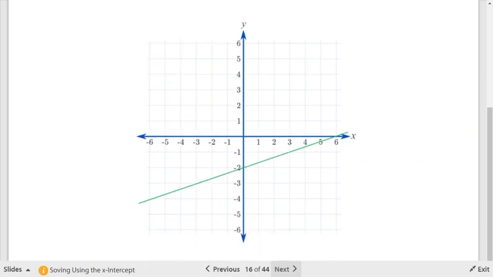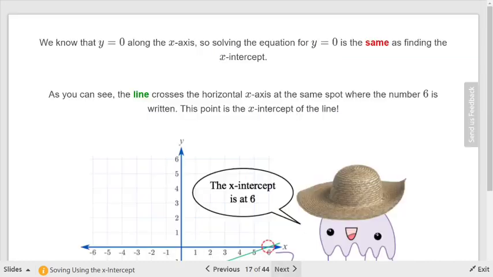Are you sure? No. 6. Positive 6, right. Y equals 0 is the x-intercept, not the y-intercept. So be careful. That's why I mentioned it so many times, because it's so easy to get them backwards. Okay?